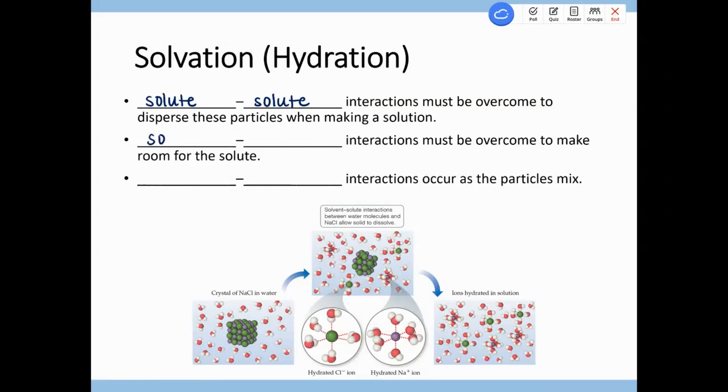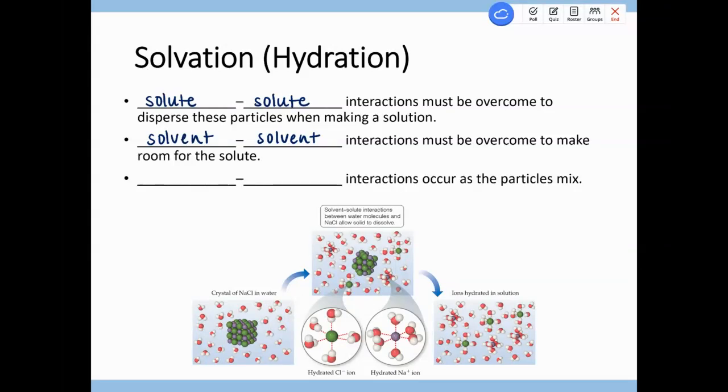The solvent-solvent interactions must be overcome. So before you add the salt in, all the water molecules are hydrogen bonding with each other. When you add a grain of salt, that's disrupting some of the hydrogen bonding interactions.